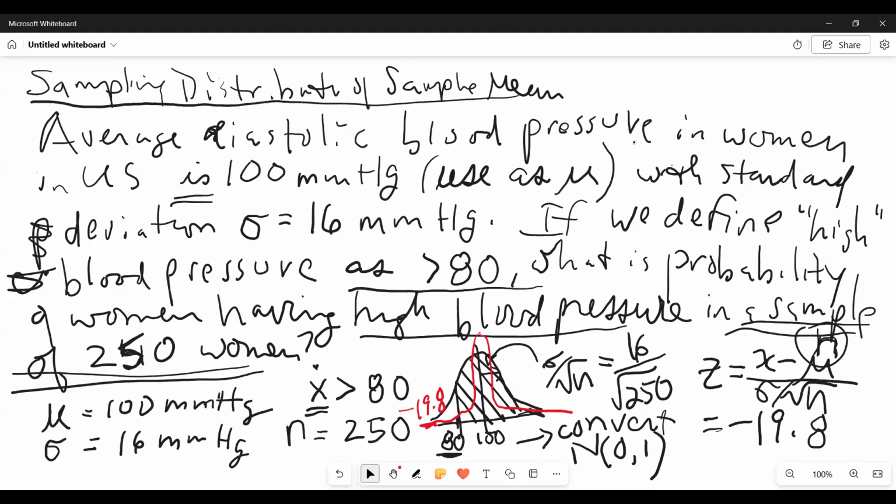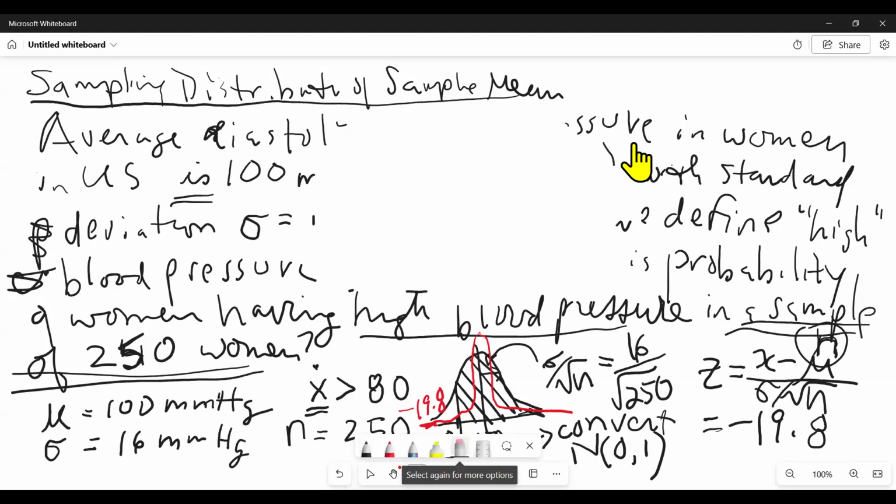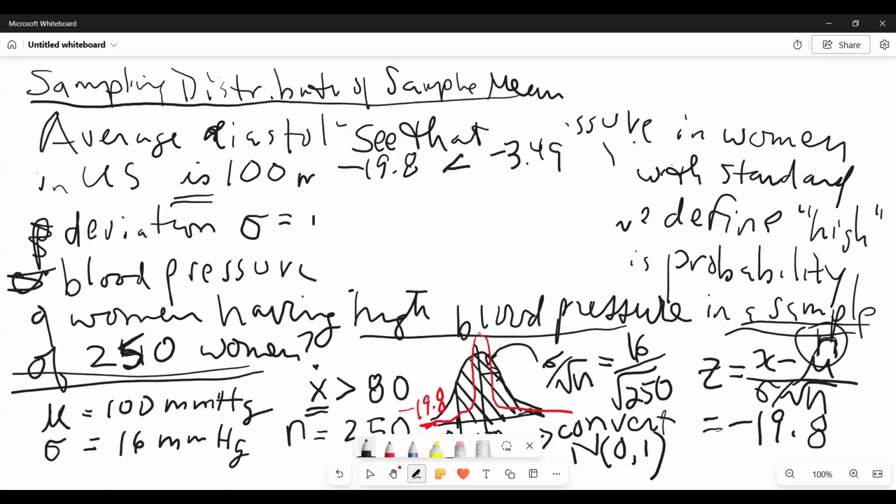And if you remember off the top of your head that our standard normal table ends at minus 3.49, then we're going to see that minus 19.8 is less than minus 3.49.